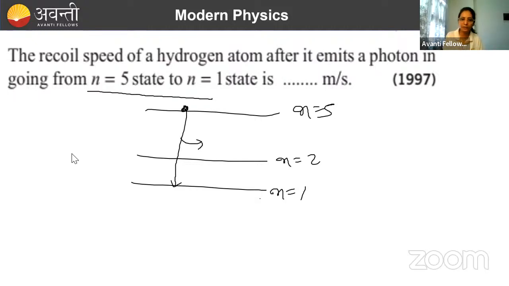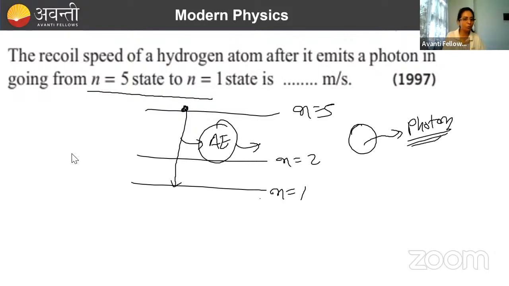It will lose some energy, and that energy will be getting released. So some energy it is losing now in the form of photon. So this hydrogen atom is losing what? Photon. Done. And this photon will have certain momentum. How much momentum it will have?